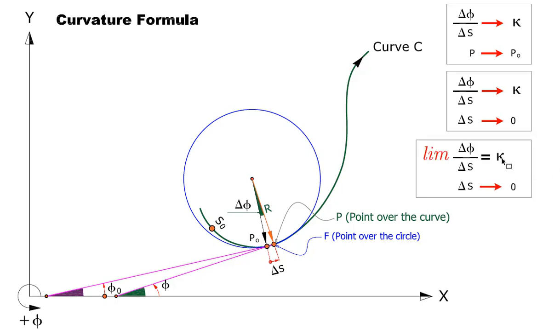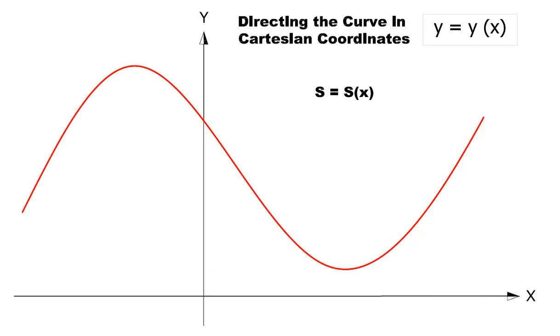So we can find that K is equal to the limit of delta phi over delta S when delta S approaches 0. Or we can write it as d phi over dS, or the derivative of phi relative to the arc length S. We can see now the direction of a point over the curve when x is increasing.